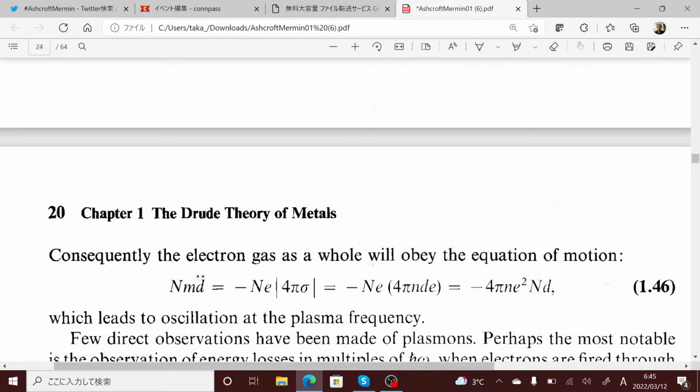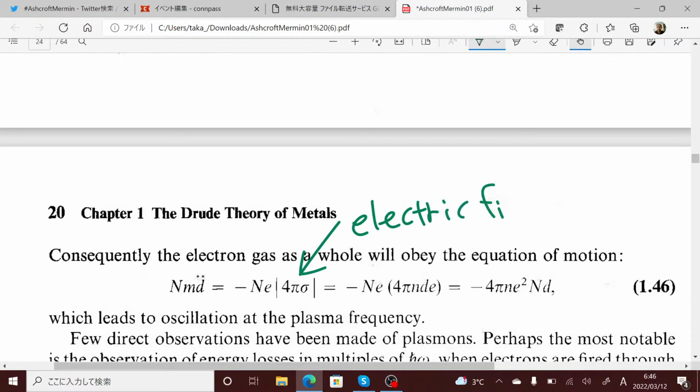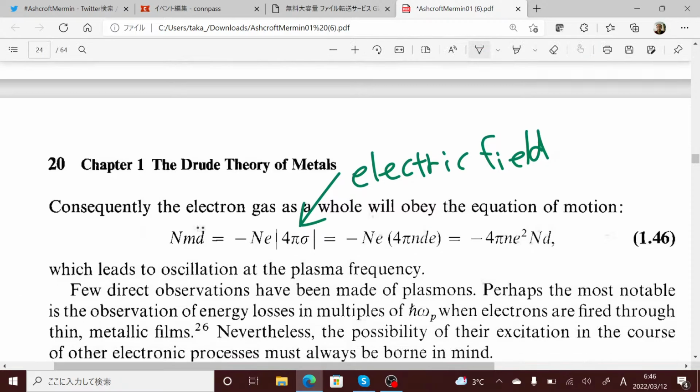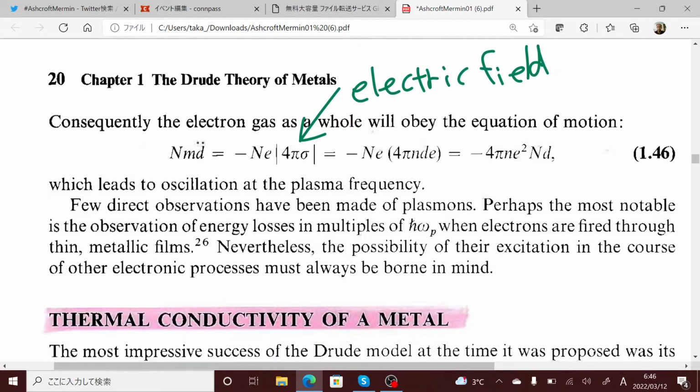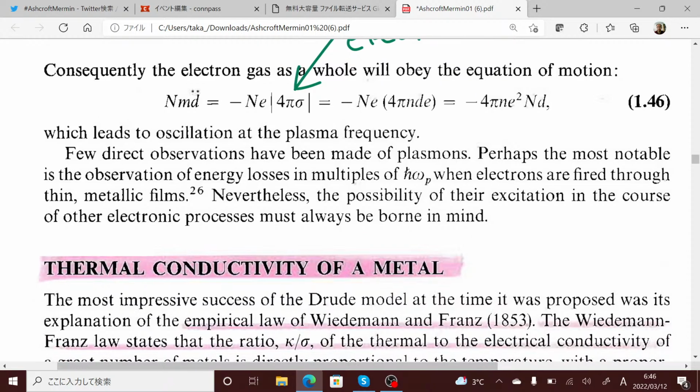This is the electric field. Okay, which leads to the oscillation at the plasma frequency.